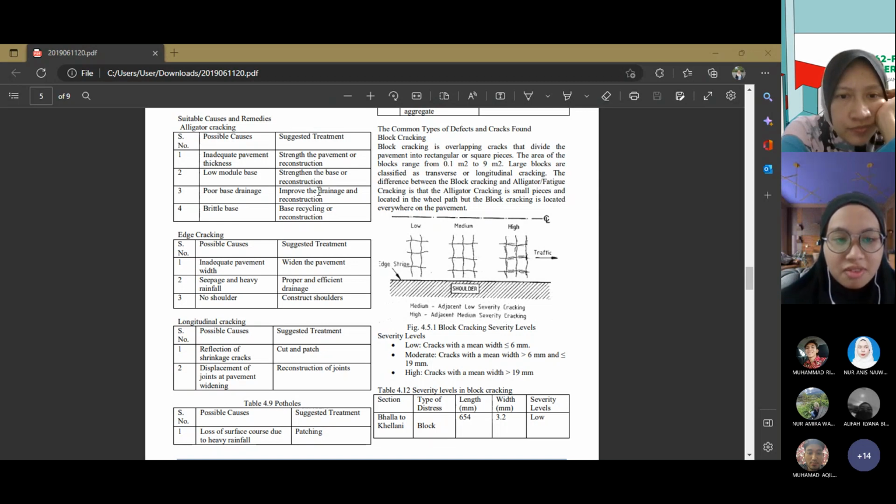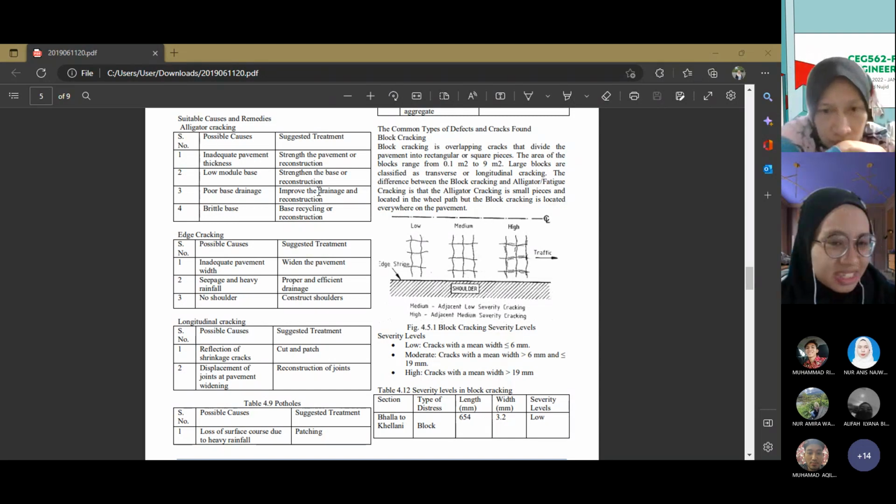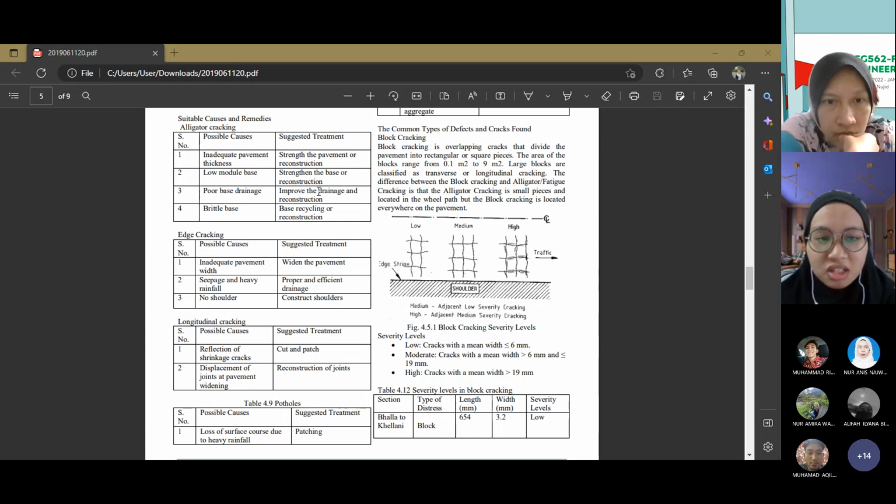We can see there are four causes that have been observed. First, inadequate pavement thickness. Second, low modulus base. Poor base drainage and brittle base. So the next failure, edge cracking: the causes will be inadequate pavement width, seepage, and heavy rainfall or no shoulder at the pavement.